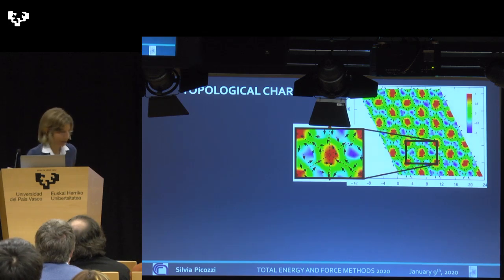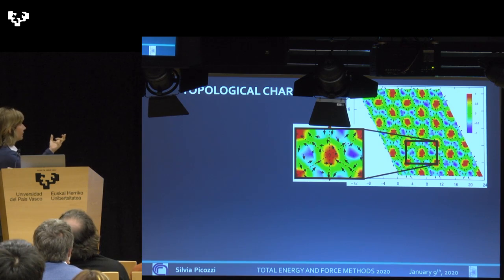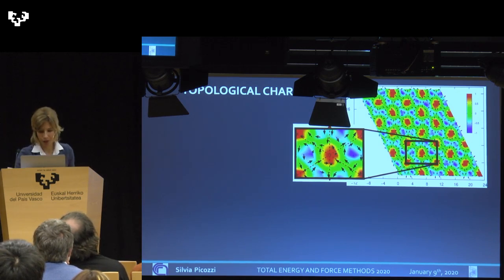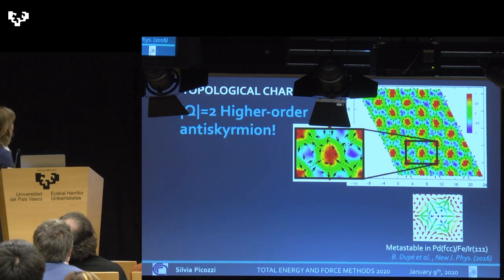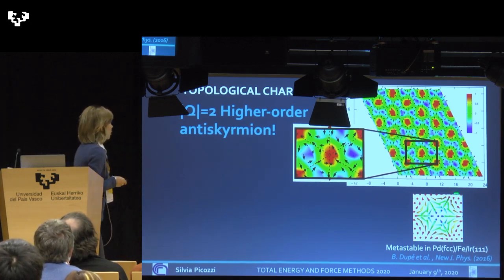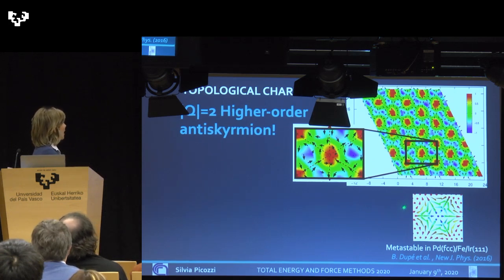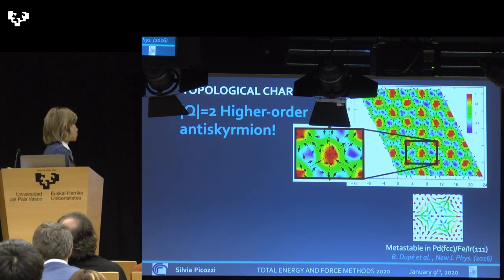So, because we are also kind of new in the skyrmion field, we calculated the topological charge, and we got Q equal 2. So we went back to Stefan's paper, and looking better at our spin texture, it's really close to what they observe.